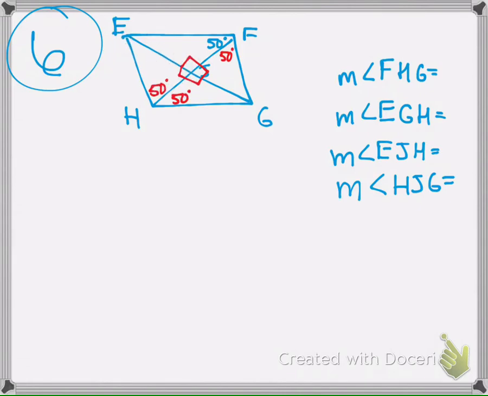Okay, so let's focus in on one of the triangles. I have a 50, I have a 90. How am I going to find this last one?